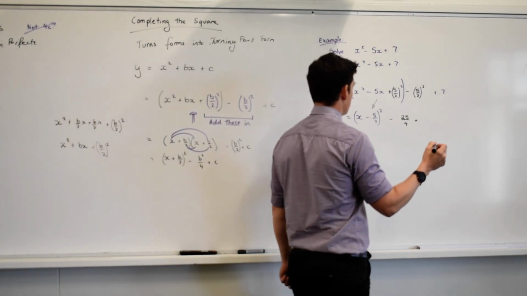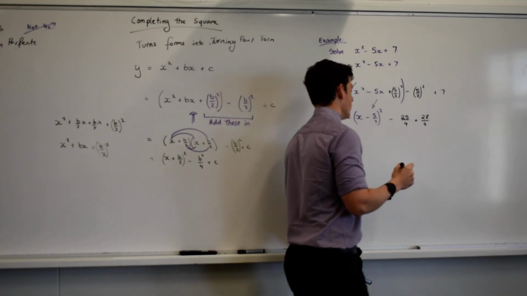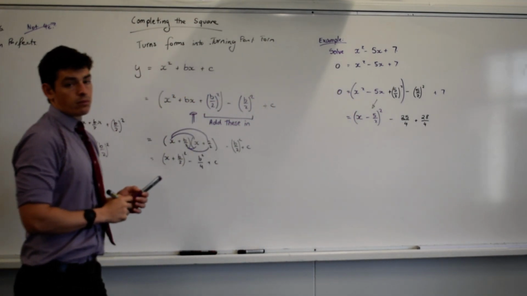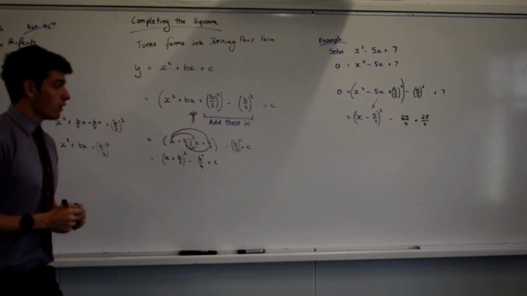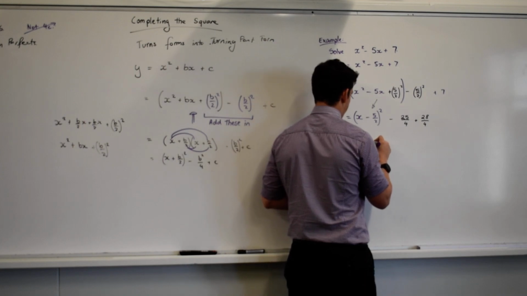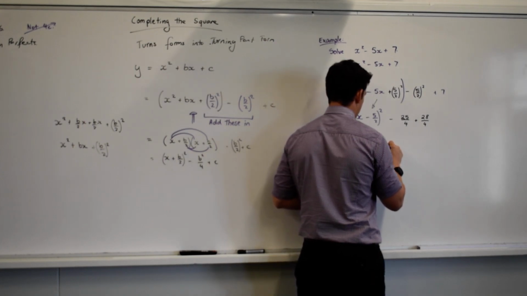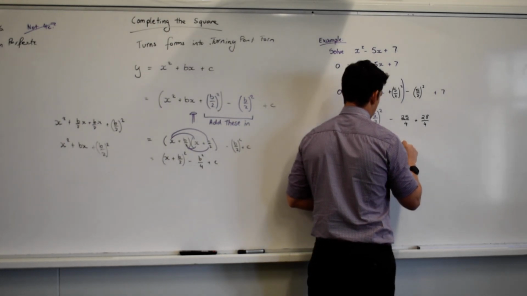So what's 7 times 4? 28 over 4. I leave the first part exactly as it is. And then I just add up the back, which leaves me with 3 on 4.